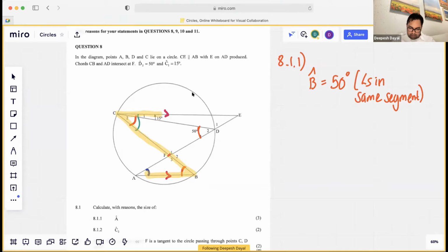Okay, so we're going to say here, angle B equals angle C1 plus angle C2. Angle B equals angle C1 plus angle C2.